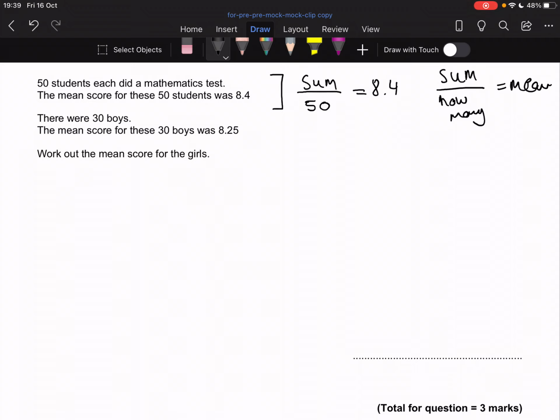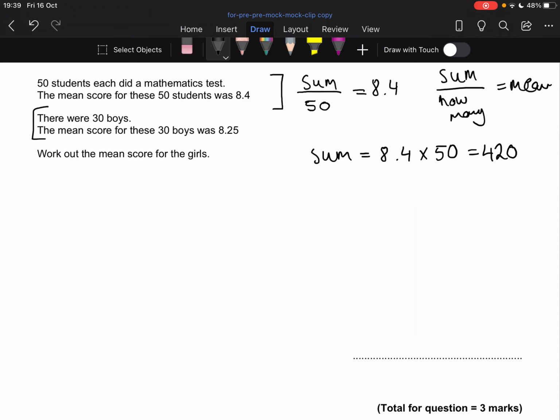So I can work out the sum of these 50 student marks by multiplying by 50. So the sum is equal to 8.4 times 50. That's 420. So that's the sum of the 50 student scores.